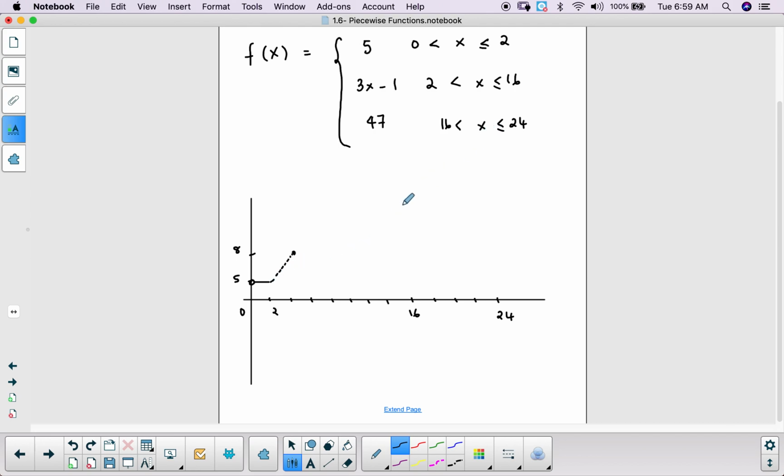And then it is a flat rate of 47. Let's say this is 47. And so this goes up to 16, by the way.